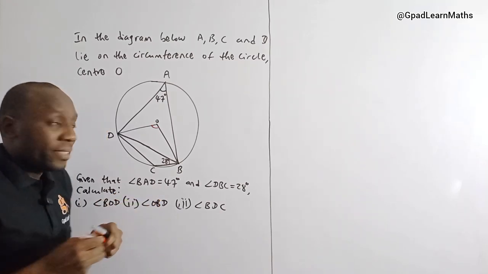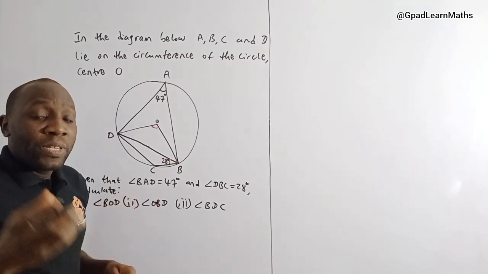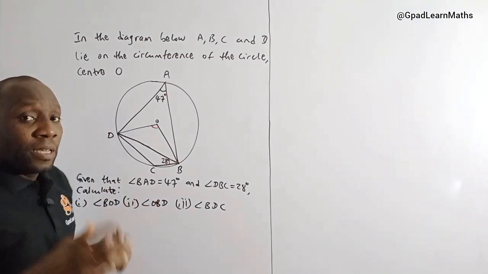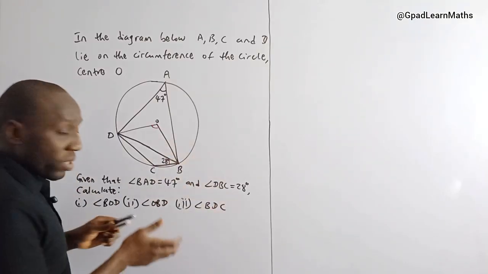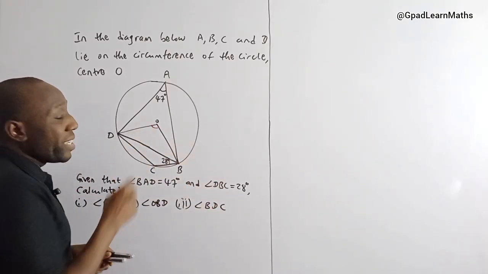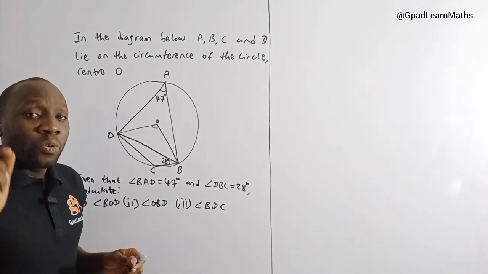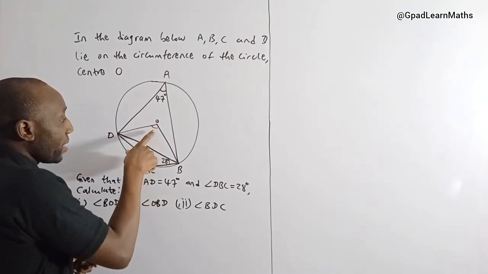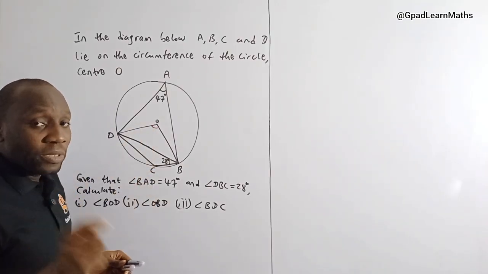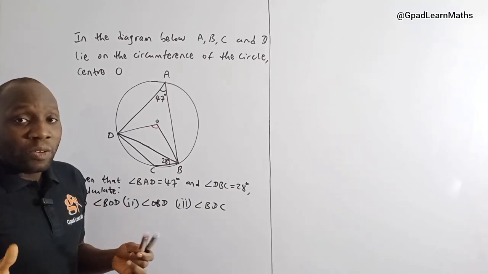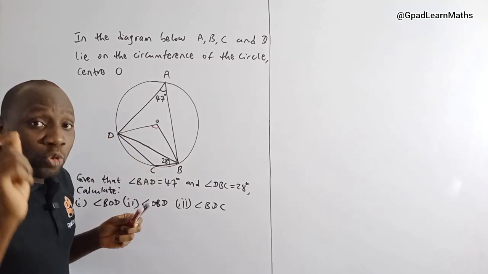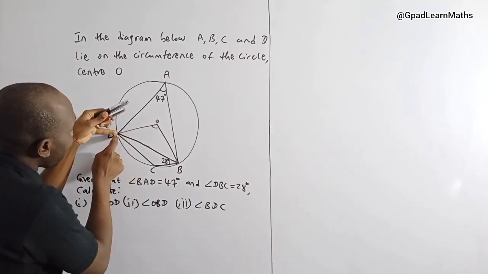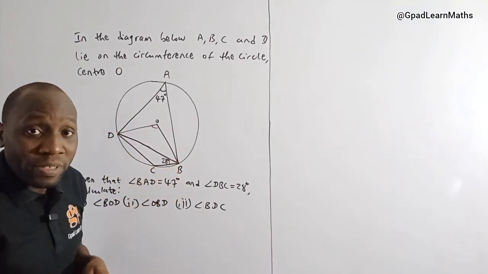So how are we going to get this angle BOD? You must be familiar with some circle theorems to be able to answer these questions. This angle is at the center, so the theorem we can use is the angle at the center theorem, which states that the angle at the center subtended by an arc is twice the angle subtended by the same arc at any point on the circumference.